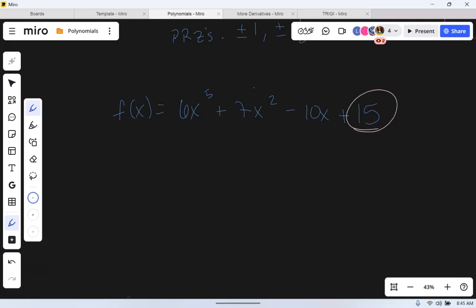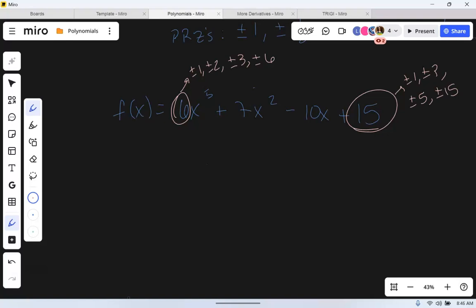What are the factors of 15? 1, 3, 5, 15. What are the factors of the leading coefficient? 1, 2, 3, 6.